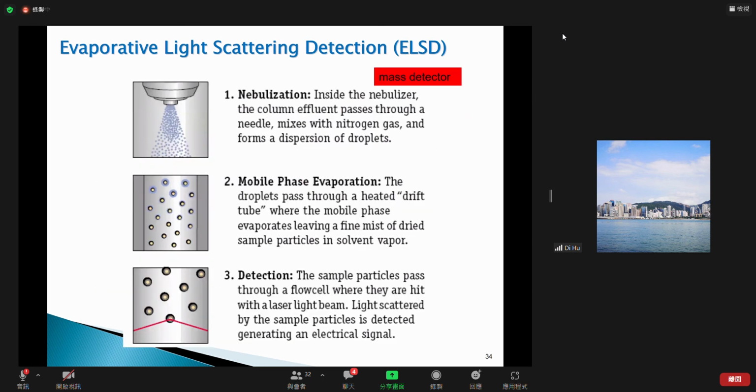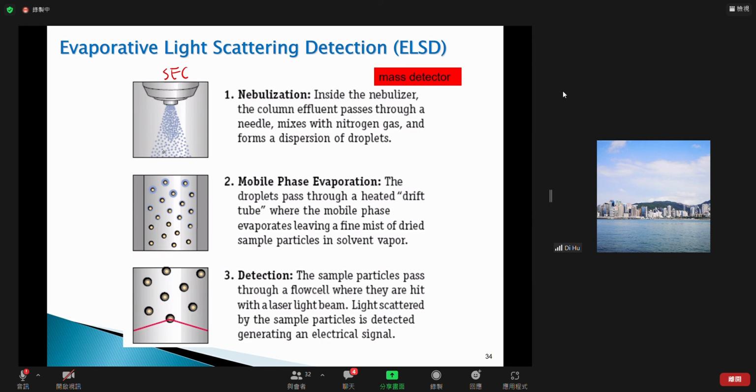I showed you this one before, but let's go through it. What comes out from the SEC together with the mobile phase and the polymer goes into a nebulizer. The column effluent passes through a needle, and the pressure of the nebulizing gas, which is nitrogen, mixes with it and forms a dispersion of fine droplets.